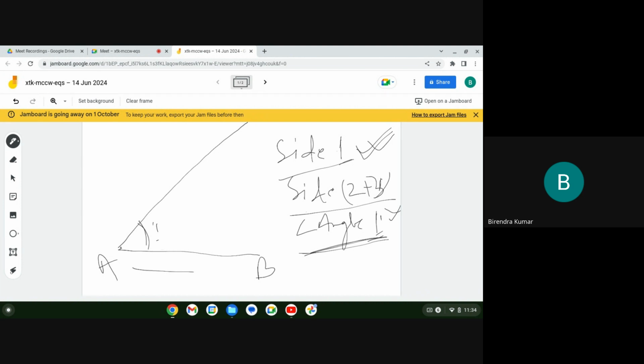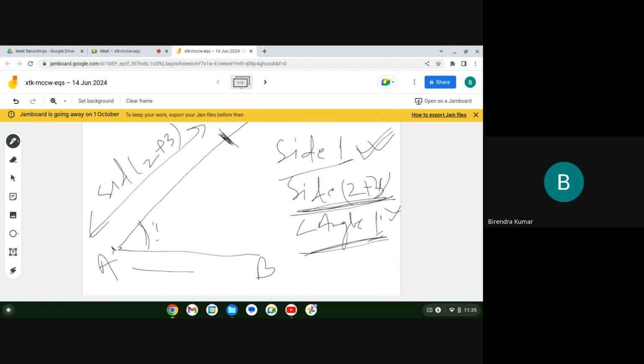Now, side 2 plus 3, whatever is the sum given, whatever is the length of side 2 plus side 3, I'm cutting on this line. So if side 2 plus 3 is given as 15 centimeter, I'll cut 15 centimeter. I'll mark where it makes it 15 centimeter from here to here. This is my side 2 plus 3.